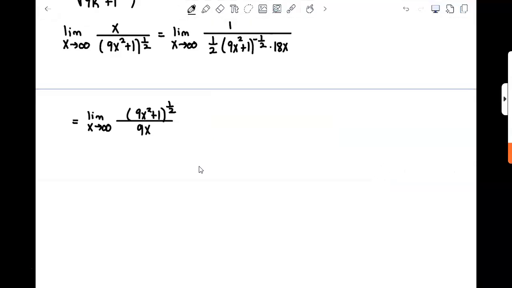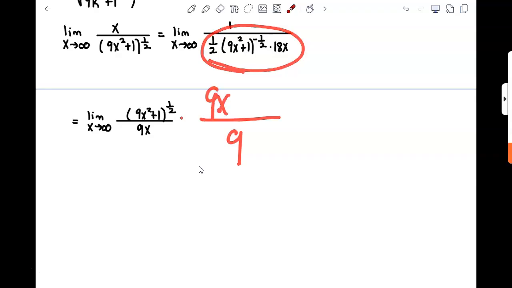If I do L'Hopital's rule again, the bottom is just going to be 9. The top is just going to be all this stuff again, which would leave a 9x up top, which would cancel with that 9.